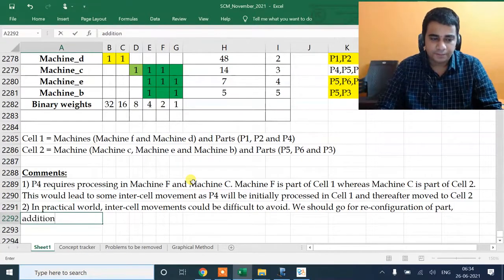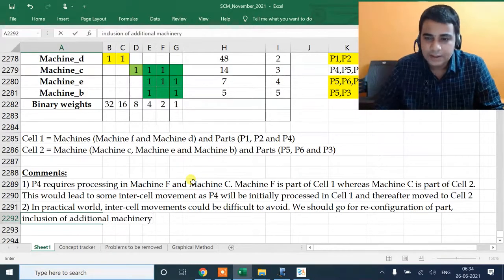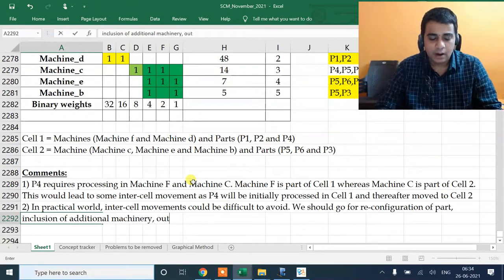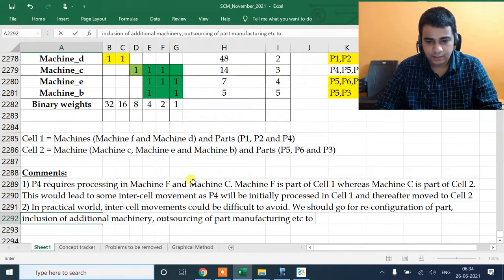addition or inclusion of additional machinery, outsourcing of part manufacturing, etc. to remove the intercell movement. I'll explain what I've written here.